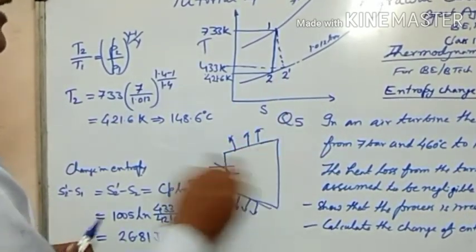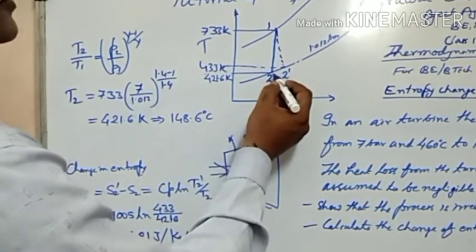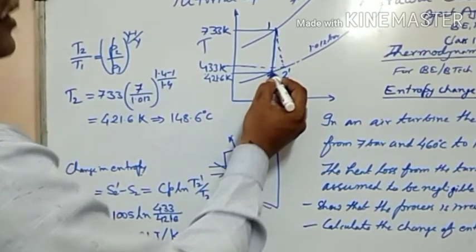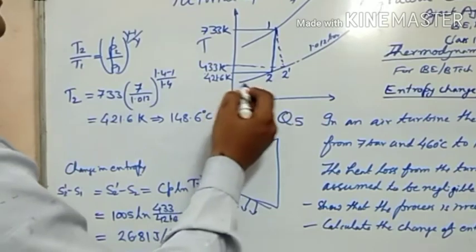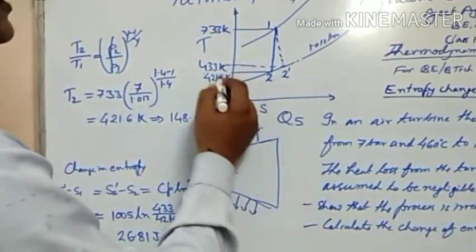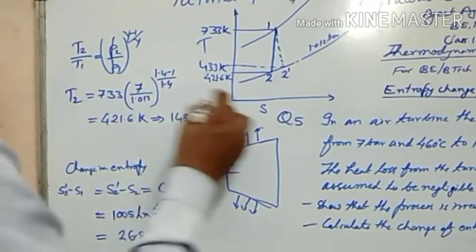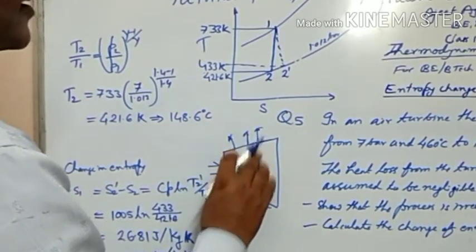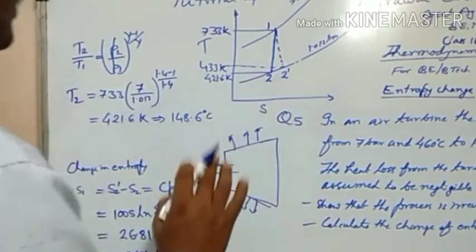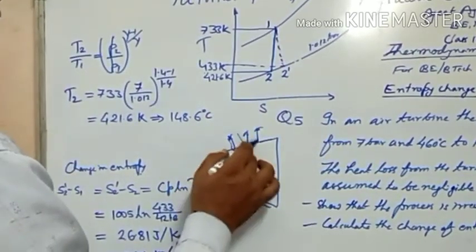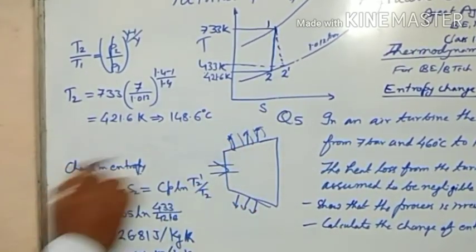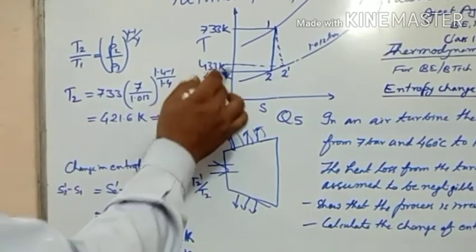So because of that, the fluid temperature, instead of 421.6, increases to 433 Kelvin. So whatever heat is generated is carried away by the fluid only. So there is no heat transfer as such. That is the temperature rise.